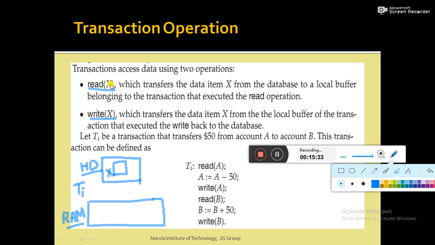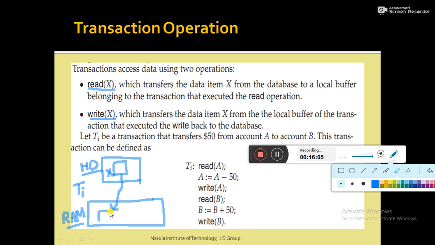is performing the read(X) operation. Now what does it mean? Read(X) operation transfers the data item X from the hard disk to the local buffer. Local buffer means it's a place in the RAM, so data item X is transferred to the local buffer which resides in the RAM.